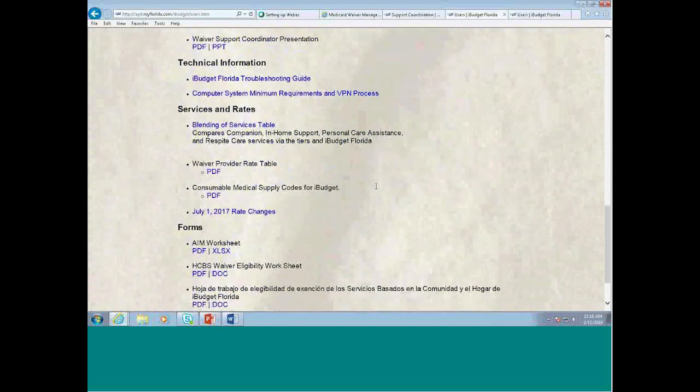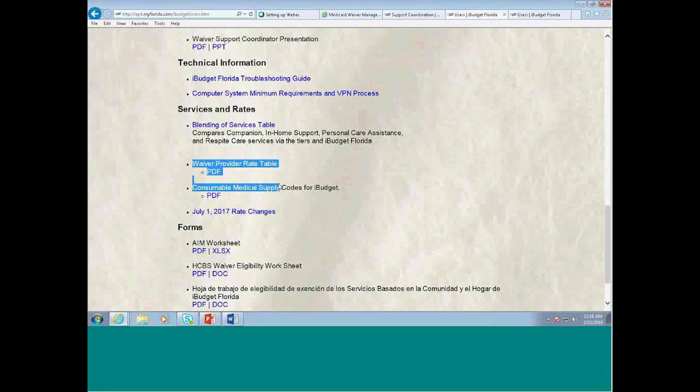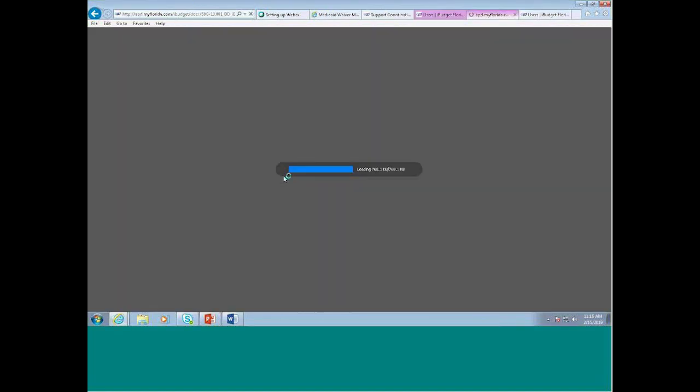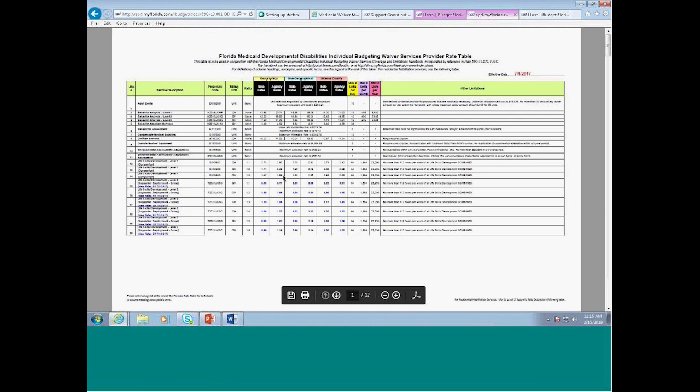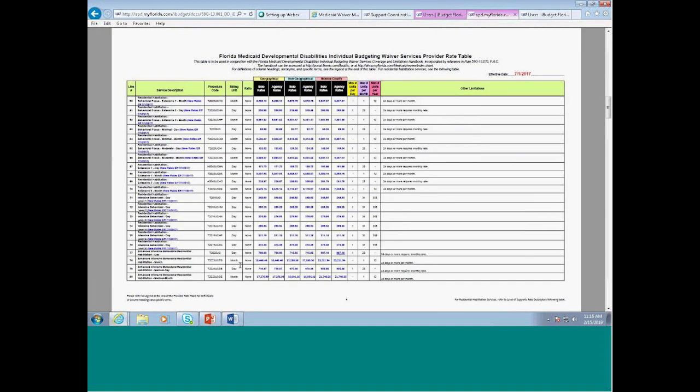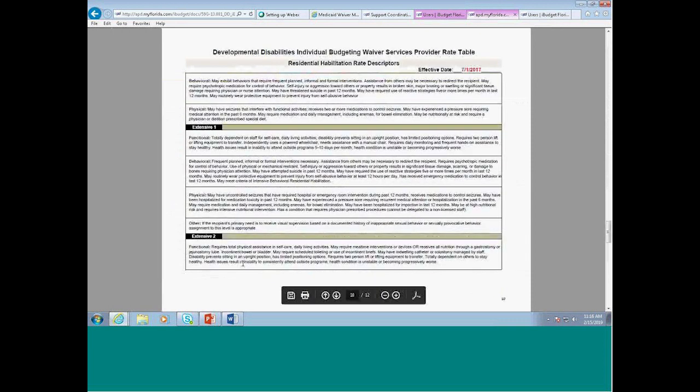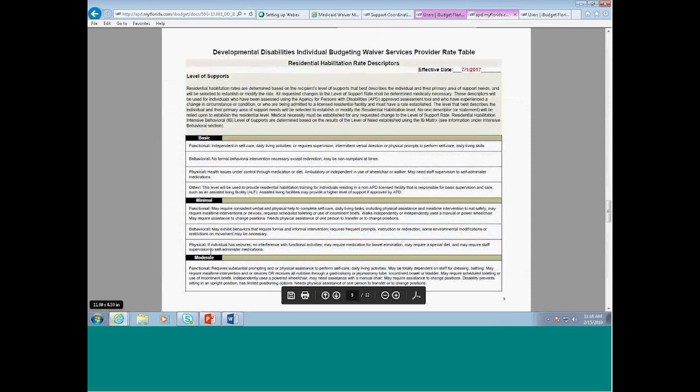Right there, the waiver provider rate table. If you scroll down, right there is your Red Tab rate descriptor.